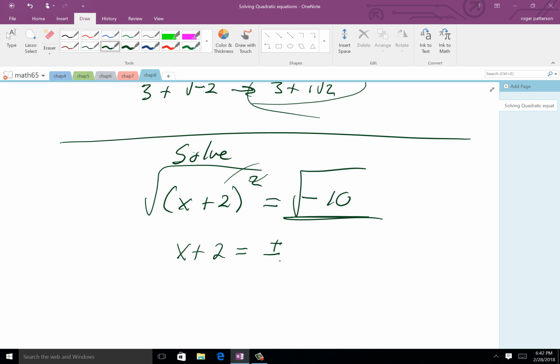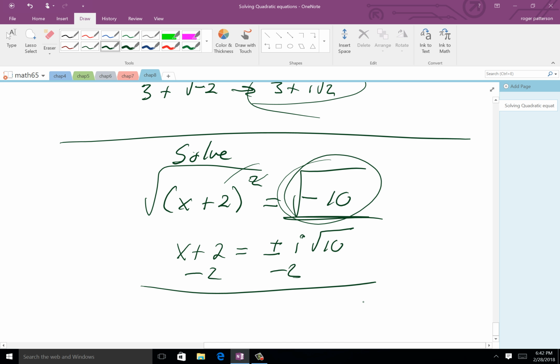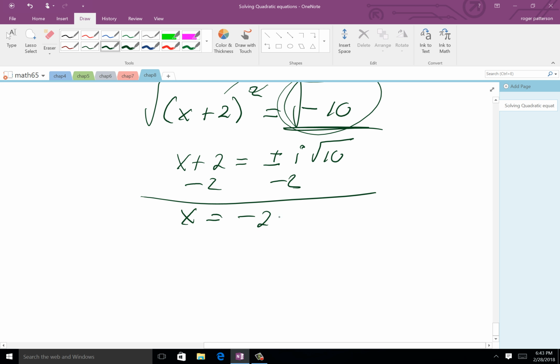But now we say, nope, that's not the case, because how can we rewrite this now that we know about imaginaries? I square root 10. Then we subtract 2, and we get x equals negative 2 plus or minus I square root of 10.